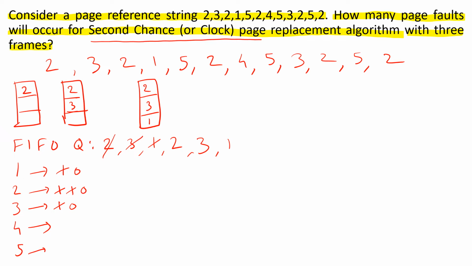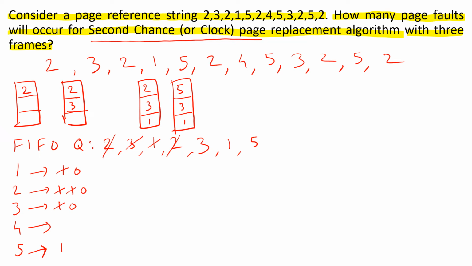And then we look at the queue, so we remove page 2. Page 2's reference bit is 0, so 2 is thrown out of memory and 5 is taken in, and then we have 5, 3, 1. So 5 is inserted into the queue and the reference bit for 5 is 1.